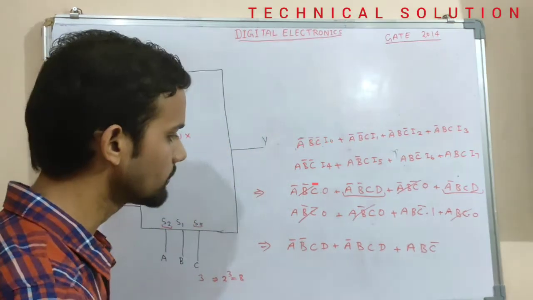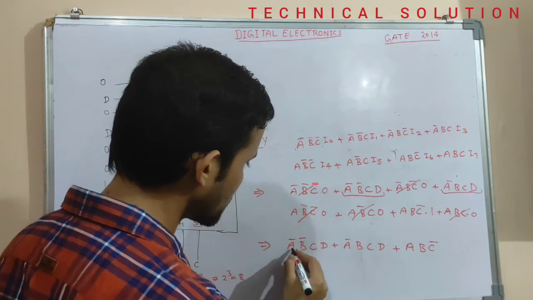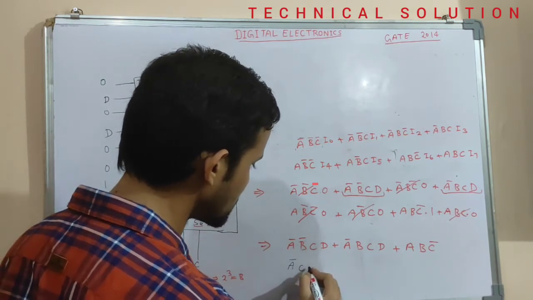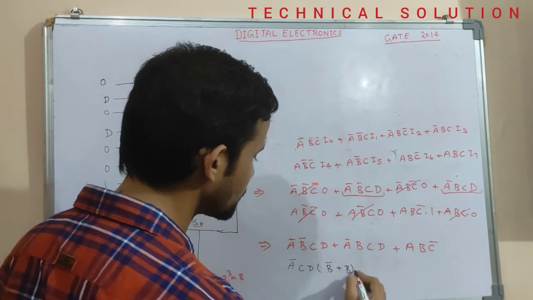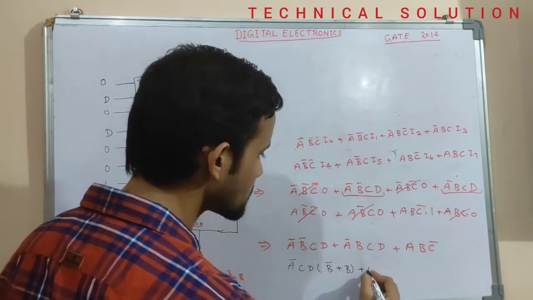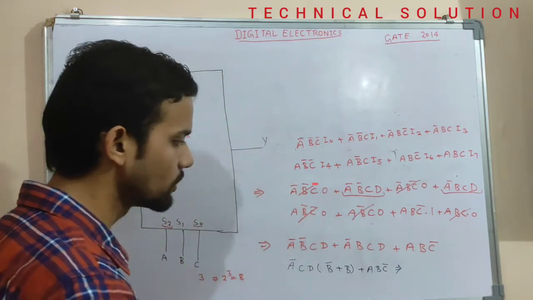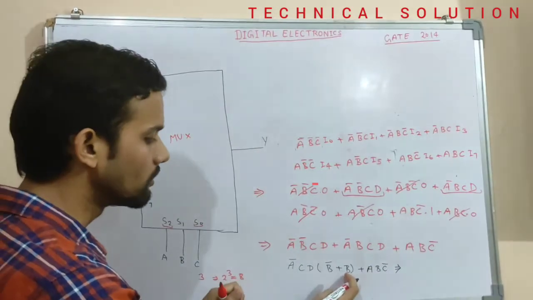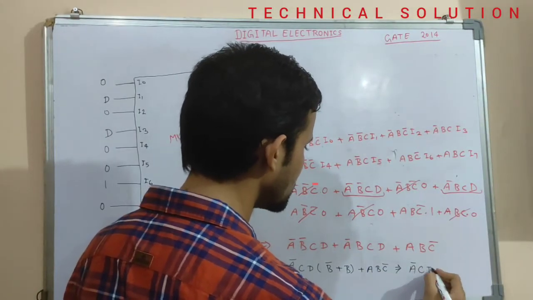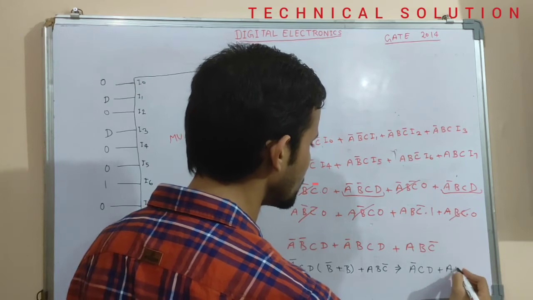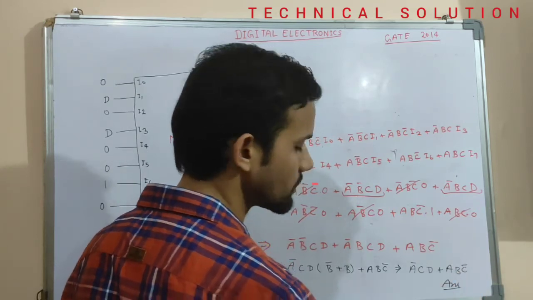We can solve it further by taking A, C, D common in the first two terms, so what remains is B complement plus B, plus A, B, C complement. And from Boolean algebra we know that B plus B complement equal to 1. So the answer is A complement C, D plus A, B, C complement. This is the answer. Okay.